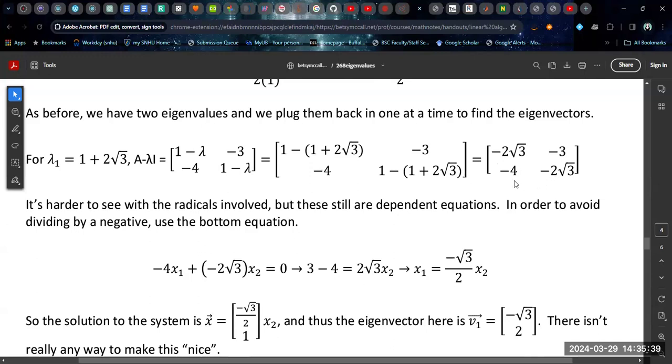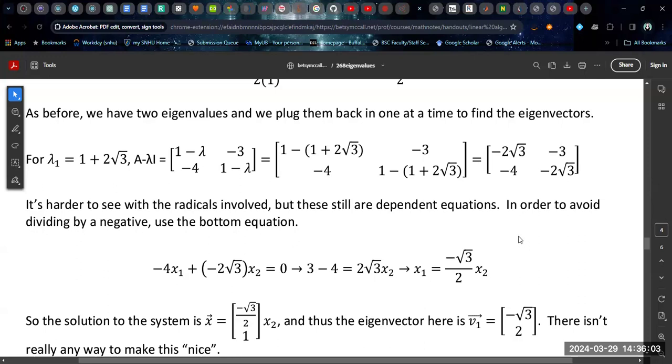Now, it is less obvious that these equations are dependent, but they actually are. If you were to multiply by the square root of 3 on both sides of this bottom equation, it would be more obvious that these equations are, in fact, multiples of each other.